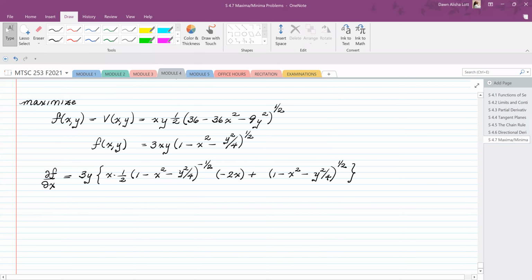So this turns out to be 3y, and I'm going to factor out 1 minus x squared minus y squared over 4 to the negative 1/2 power. In the second piece, I get a 1, and in the first piece, I get 1 minus x squared.